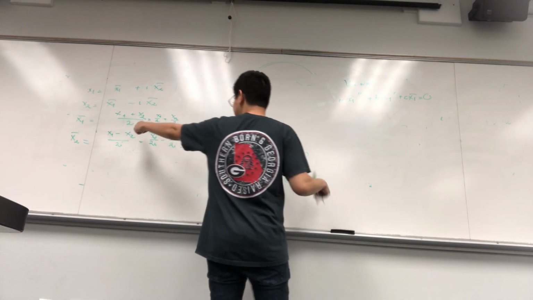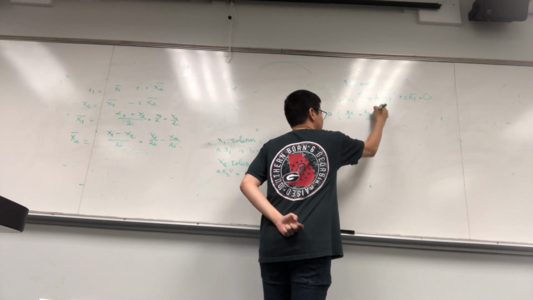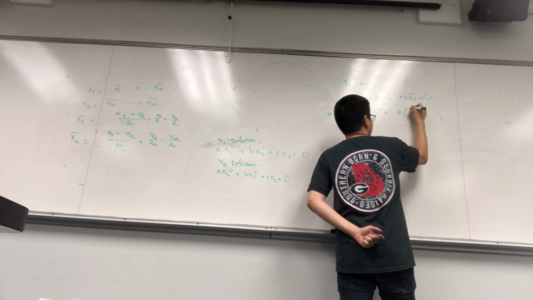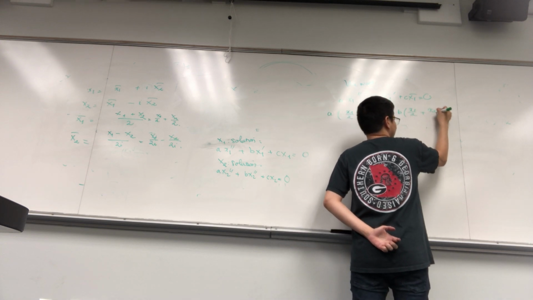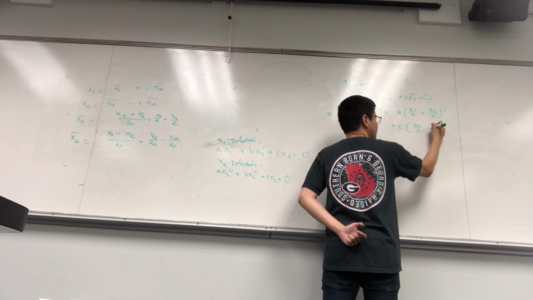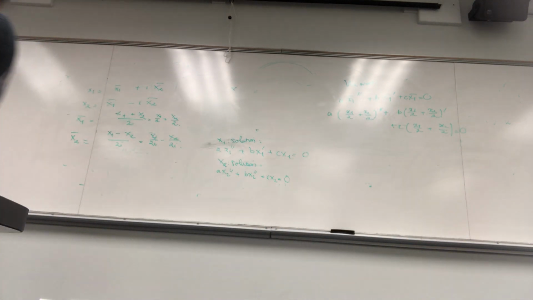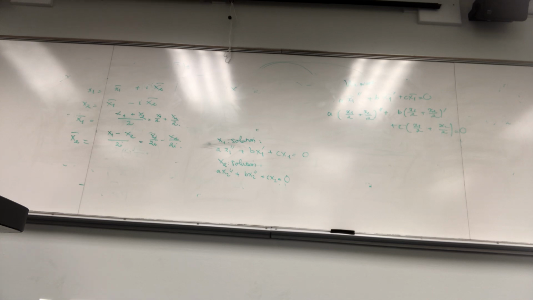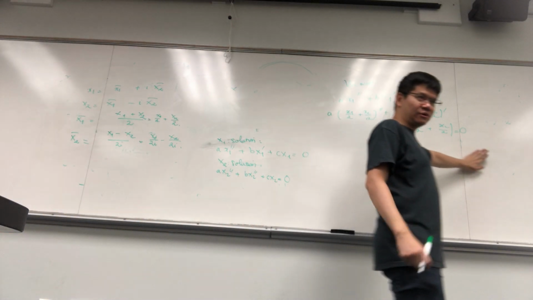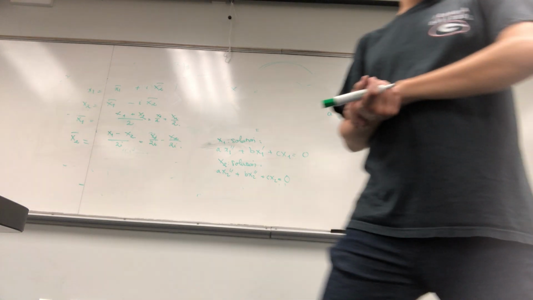So here I have a times x1 over 2 plus x2 over 2, second derivative, plus b times x1 over 2 plus x2 over 2, prime, plus c times x1 over 2 plus x2 over 2, is 0. You replace the formula of x1 bar here, so I put x1 over 2 plus x2 over 2 in the place of x1 bar.